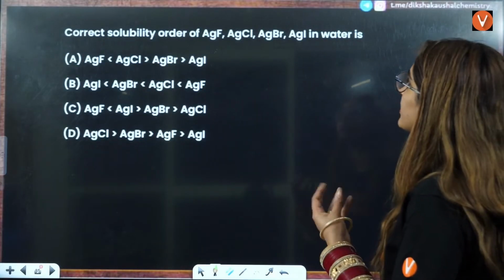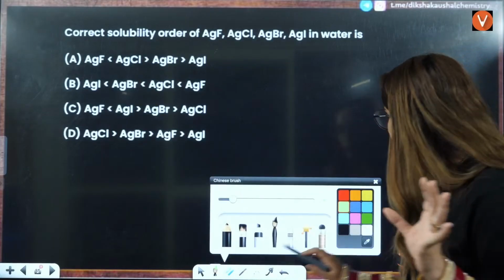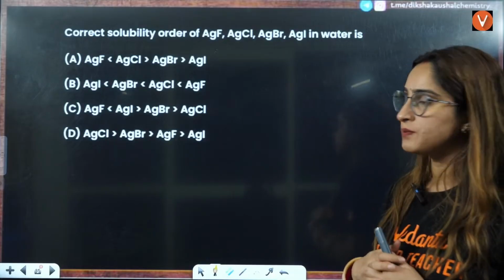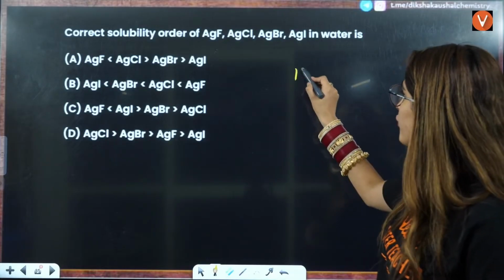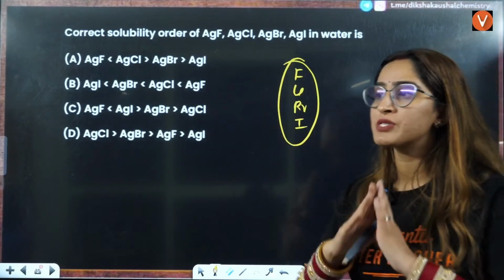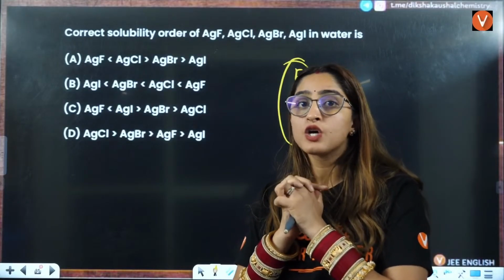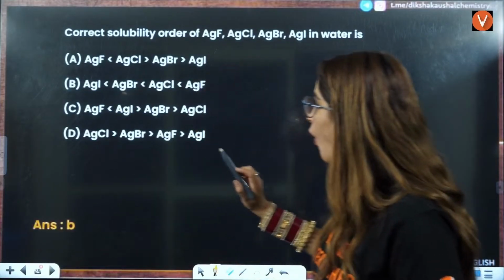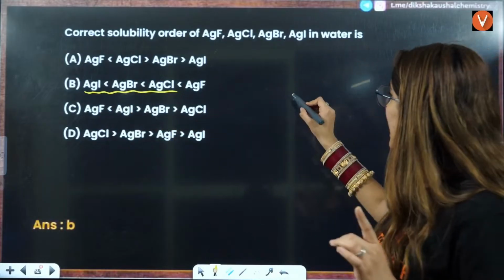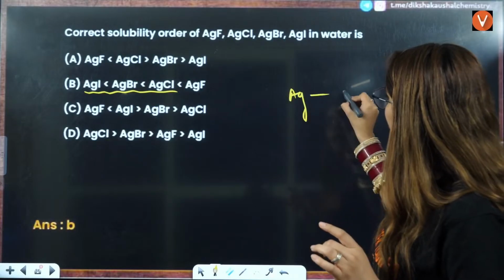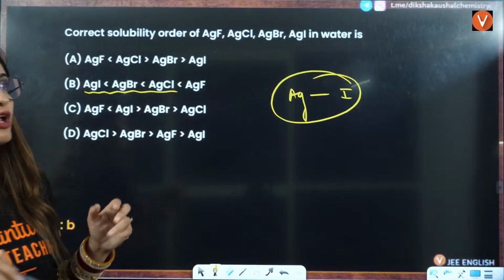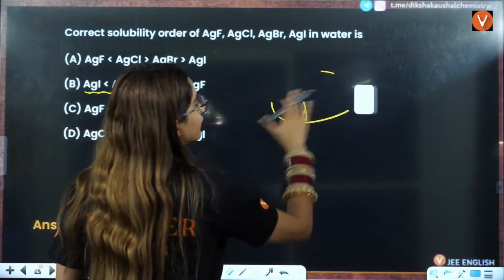Next is the correct solubility order of this. For solubility, as you go down the group, here we are talking about fluorine, chlorine, bromine, iodine, the size is increasing. That is the reason solubility is also going to decrease. Size of Ag and I is increasing. You can also understand this from the electronegativity point of view.